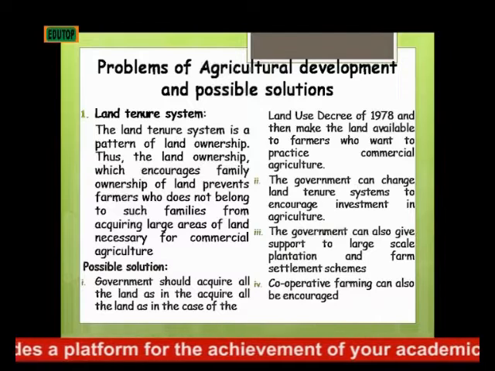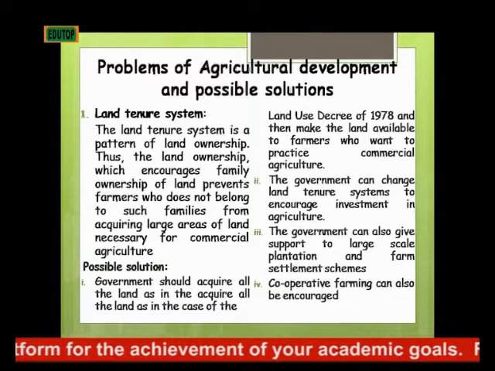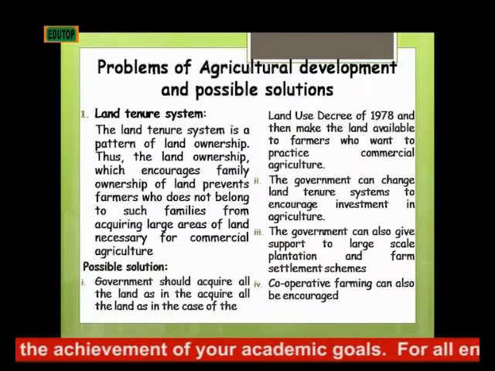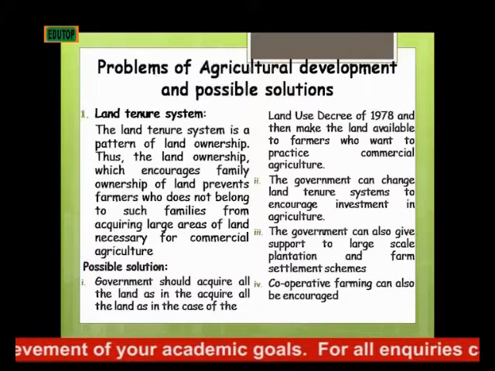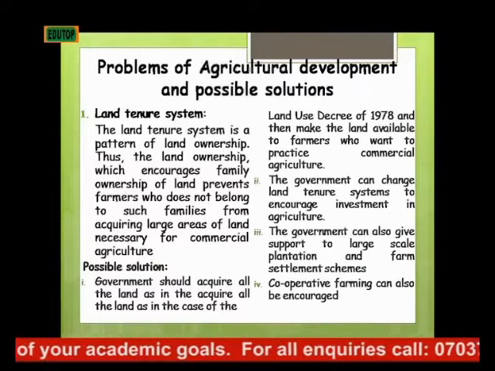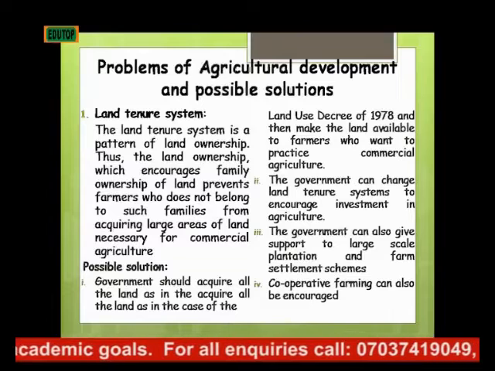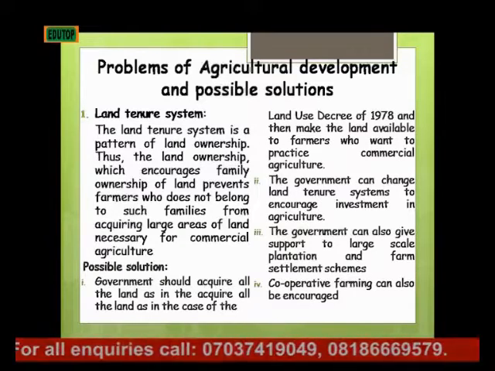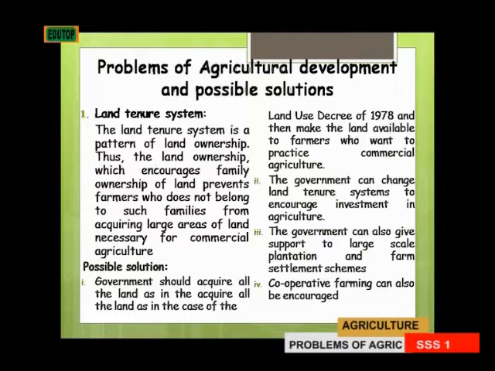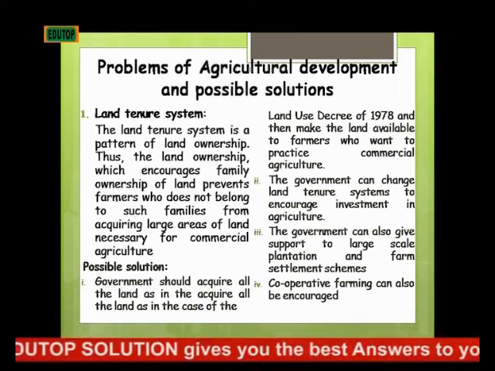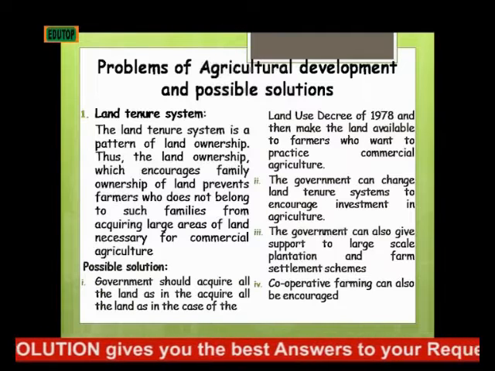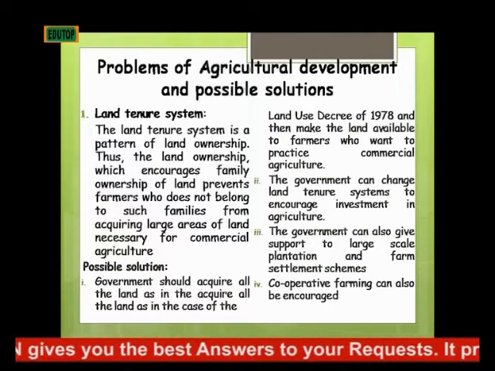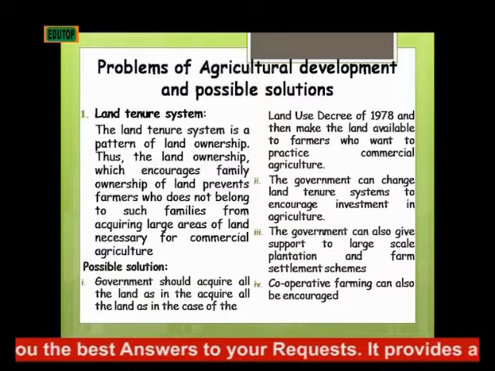That is, when government goes into the creation of farm settlement schemes, the government will provide the land, provide the housing, provide basic amenities like hospitals, light, electricity, pipe-borne water. Then the land tenure system problem will be solved, and then production will be high. Then number 4, cooperative farming can also be encouraged.